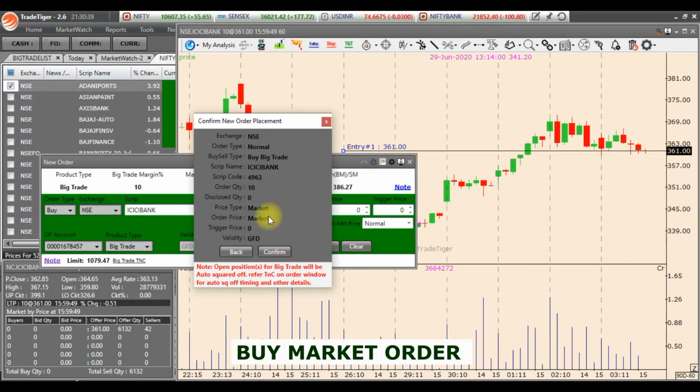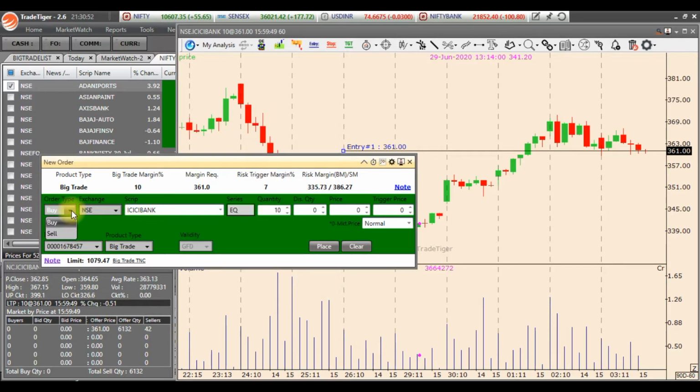Immediately the order will be sent as a market order, and it gets executed at the best available offer price. If you want to sell, it will get executed at the best bid price available.